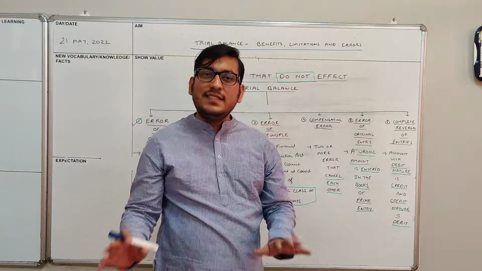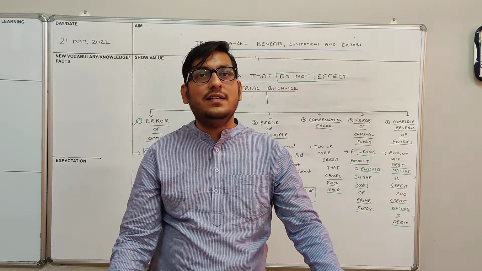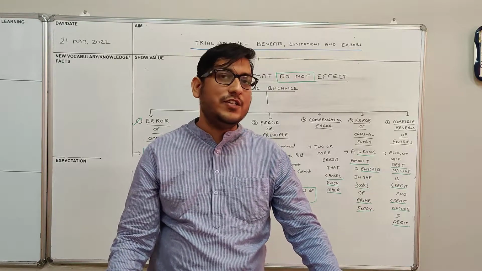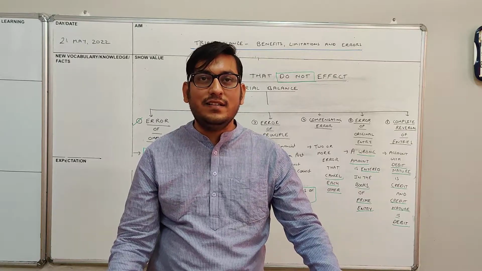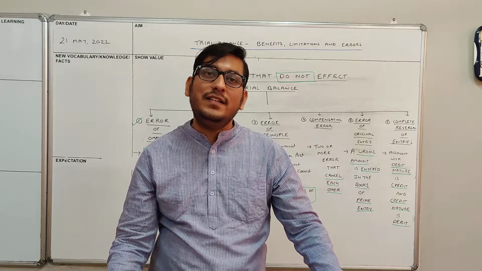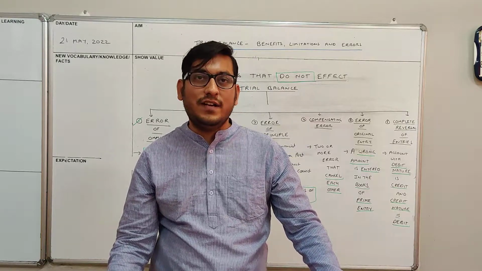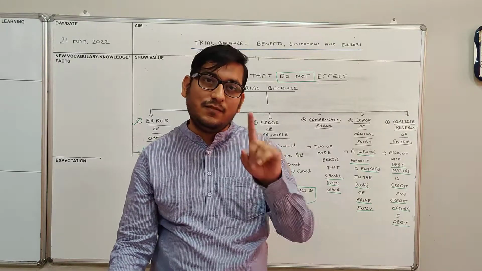I am giving you the simplest example. For example, if I made a cash sale, what entry should I make? I will make cash account debit, sales account credit, but I made an entry of debtor account debit, sales account credit. I made a cash sale, but I made it a credit sale. This is the first error.